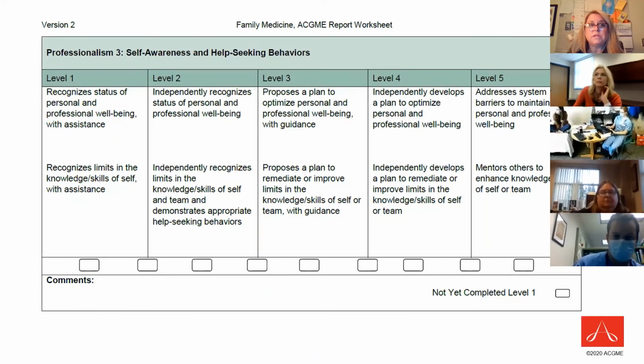And then this one is new as well, self-awareness and help-seeking behaviors. Well, it was in before, it's just a little bit more rephrased. So, how aware are you of your own well-being, and how do you seek help when you need it, and things along those lines. And not necessarily just for wellness, but also for your academic performance.